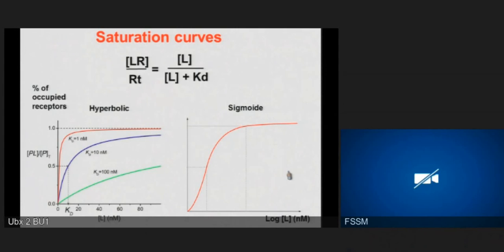It should go after the screen to reach 100% of occupancy, and the authors of this slide were estimating the KD at 100 nanomolar, but here you, me, everybody cannot determine the KD of the green ligand because we don't have exactly the maximal occupancy.